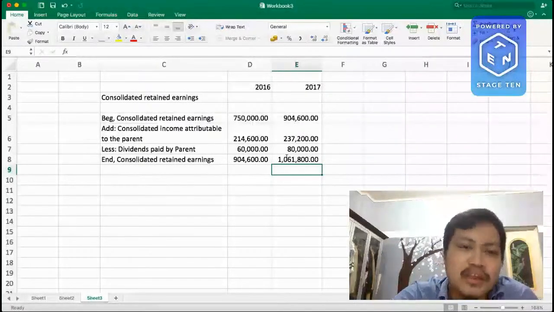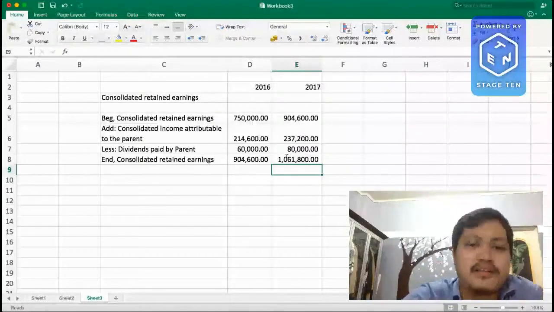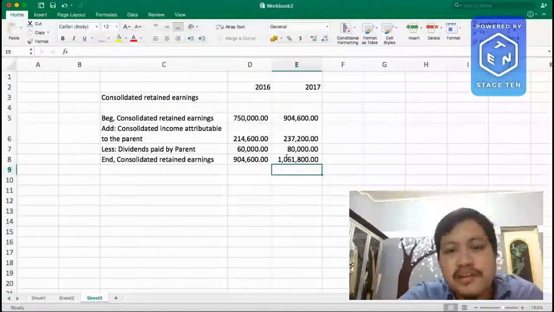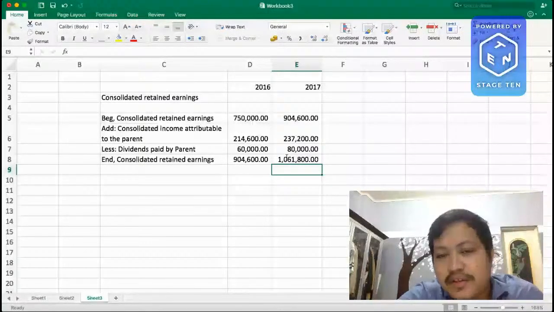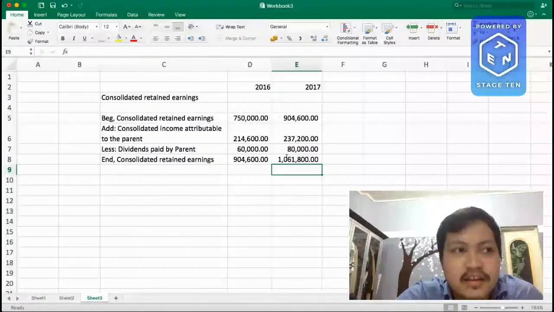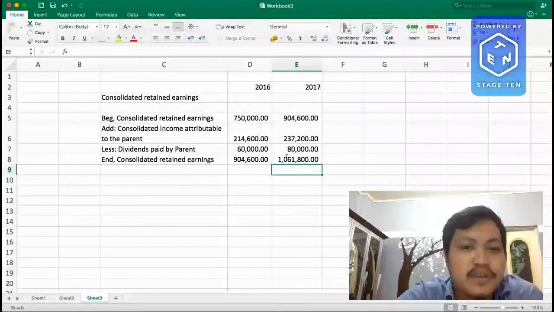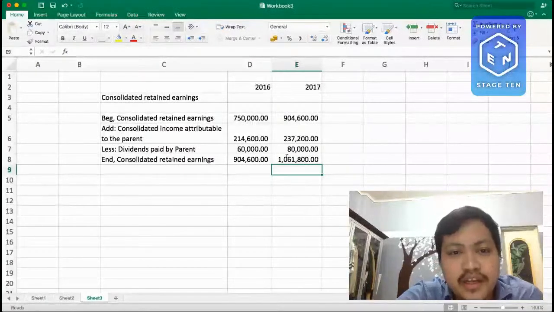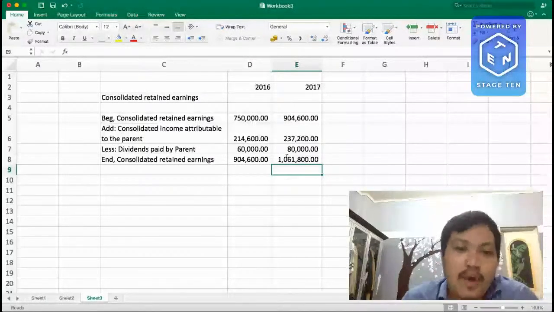Okay. Now, what else would be the difference, class? Another point of difference between the retained earnings of the parent and the consolidated retained earnings would be that the retained earnings of the parent, class, includes dividend income. Okay, it will include dividend income from the subsidiary. While you'll recall, class, that the amount that we add to the consolidated retained earnings is only the consolidated income attributable to the parent.